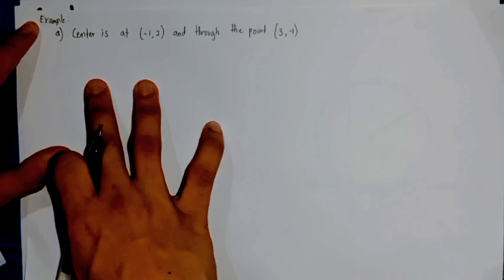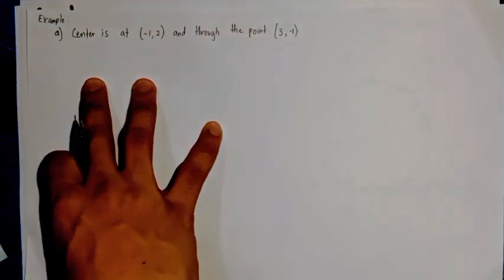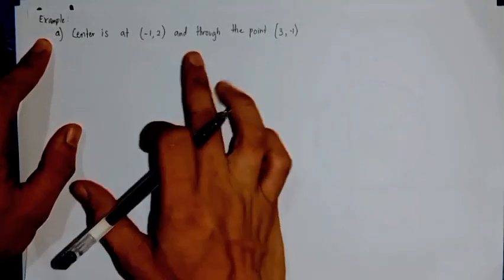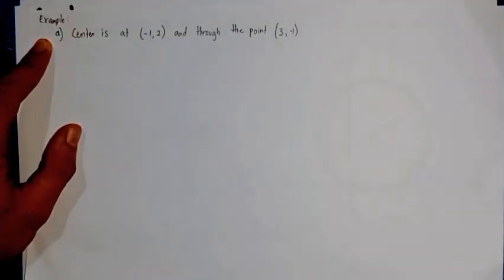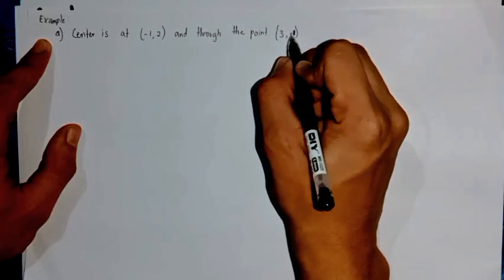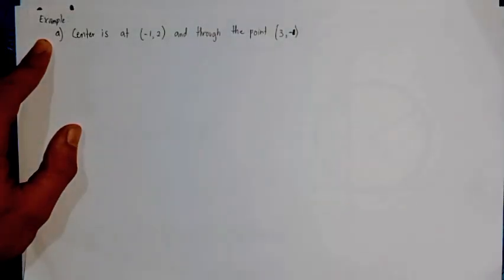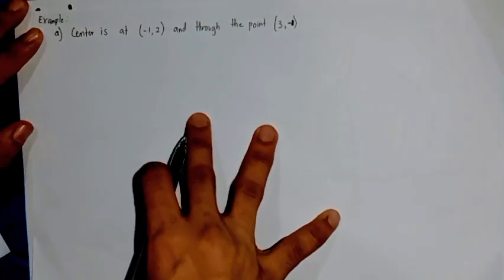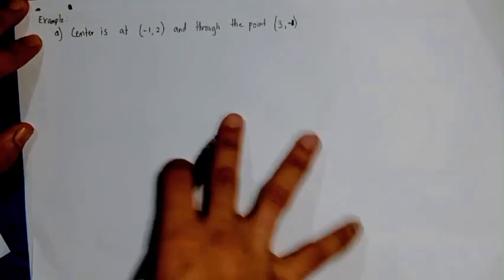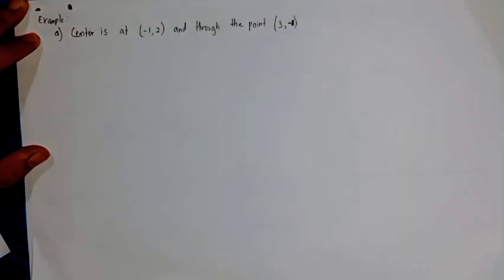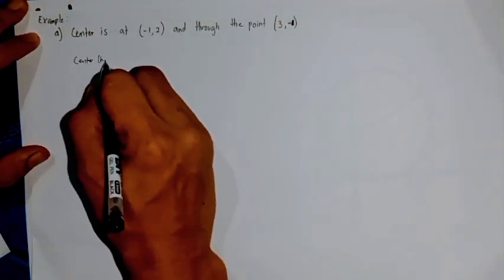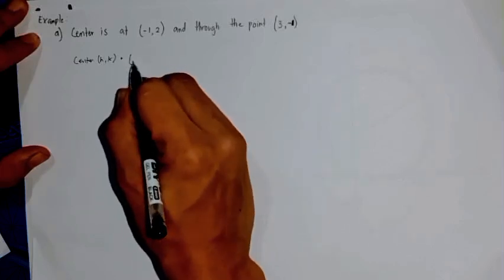Find the equation of the circle by this given condition: the center is at (-1, 2), and it passes through the point (3, -1). How do we find the standard equation of a circle using this given condition? First, we must identify the center, h and k, which is -1 and 2.